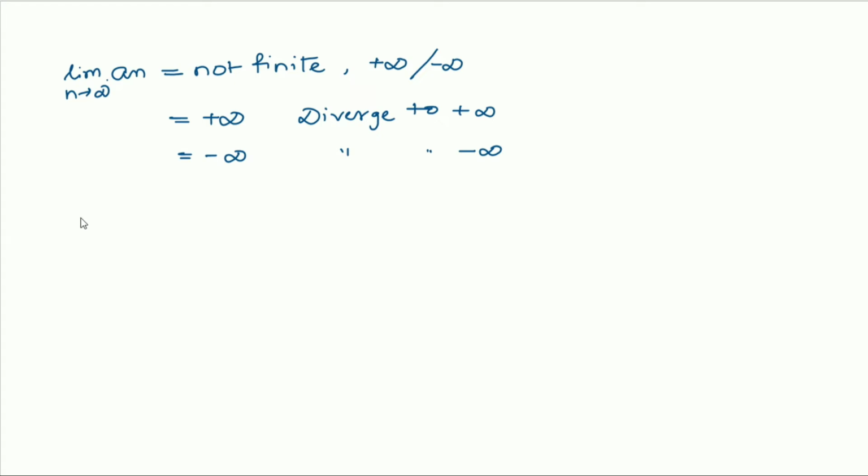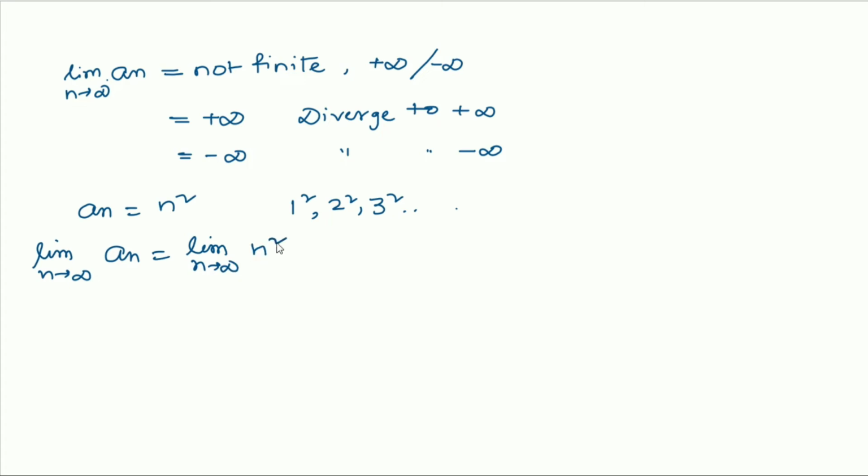As an example, if we take a_n equal to n square, that means the first term is 1 square, the second term is 2 square, the third term is 3 square, and we take the limit as n tends to infinity of a_n, which is the limit of n square.